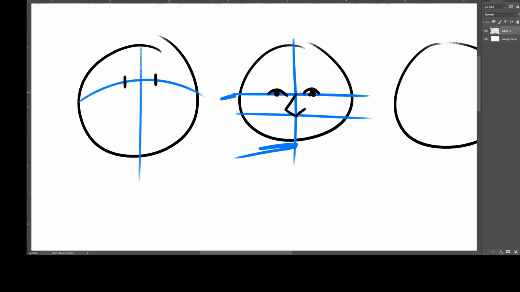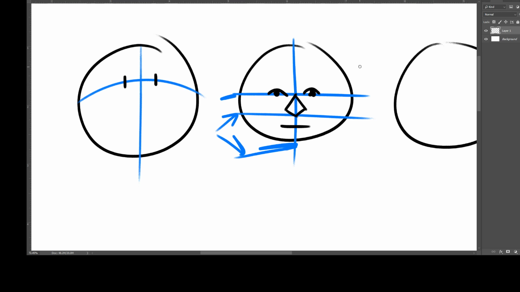I can think of just drawing it as a triangle. It's an easy way to draw a nose. And then the mouth is actually halfway between the bottom of the nose and the chin, which is about here. So that tends to be where your facial features fall on your face. Tends to be, right? Everybody's different.